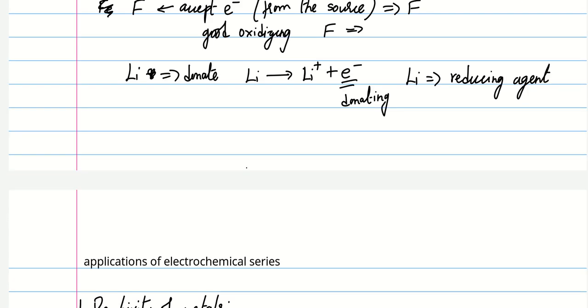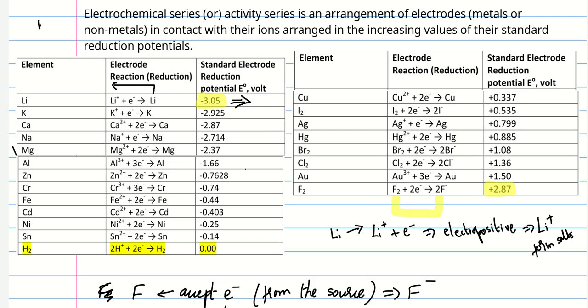Let's closely observe the electrochemical series. Some metals like lithium, calcium and potassium are at the top of the series, whereas some metals like silver and gold are at the bottom.